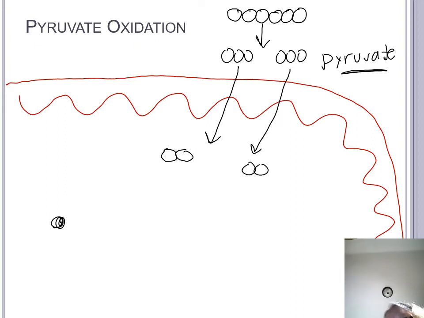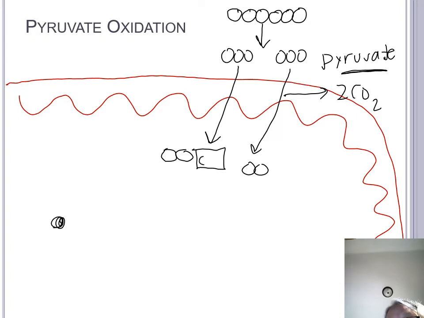So in the process of bringing the pyruvates into the mitochondria, we lose 2 carbon dioxide molecules because 2 of those carbons were left. As those pyruvates come into the mitochondria and they lose those carbon dioxides, they also bind to a coenzyme.